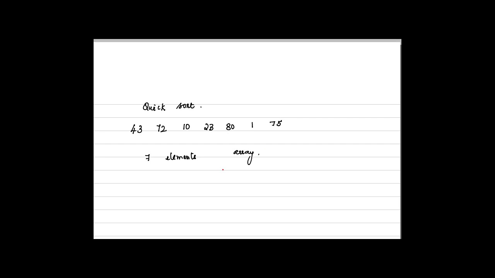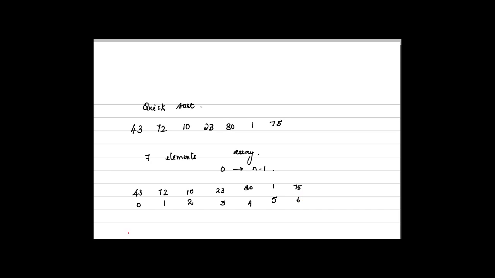So the array index will be 0 to n minus 1. Hence we will have the index as, for 43 as 0, for 72 it is 1, for 10 it is 2, 23 it is 3, 80 it is 4, 1 it is 5 and 75 the array index is 6.